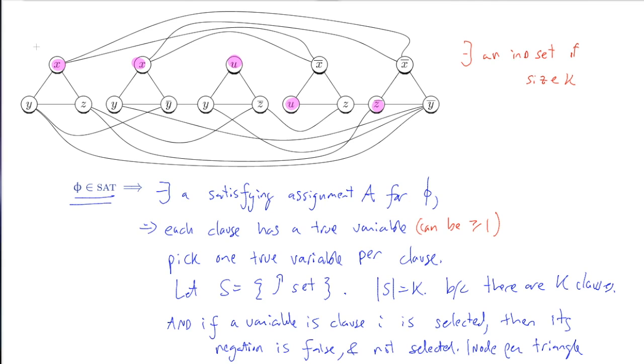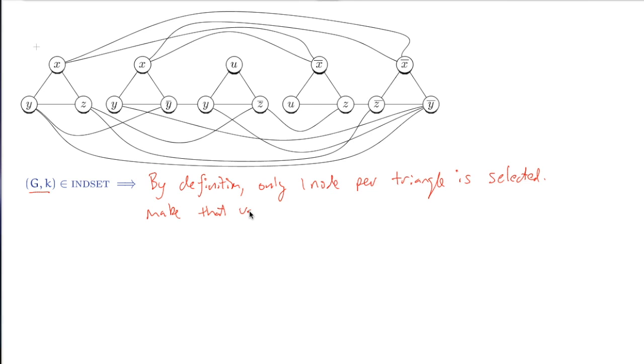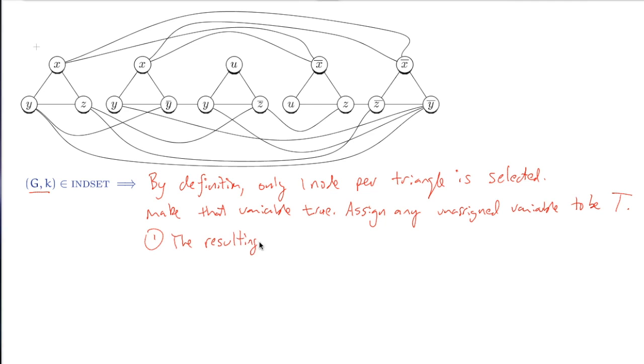The argument in the other direction: if G, k is an independent set, by definition, only one node per triangle is selected. Make that variable true. Assign any unassigned variables to be true as well. So I'm going to say the resulting assignment A assigns every variable.